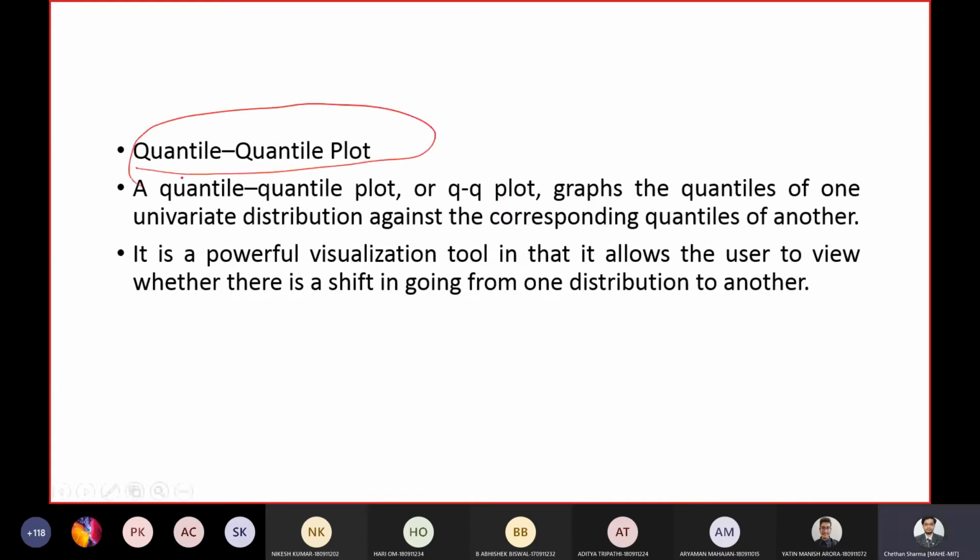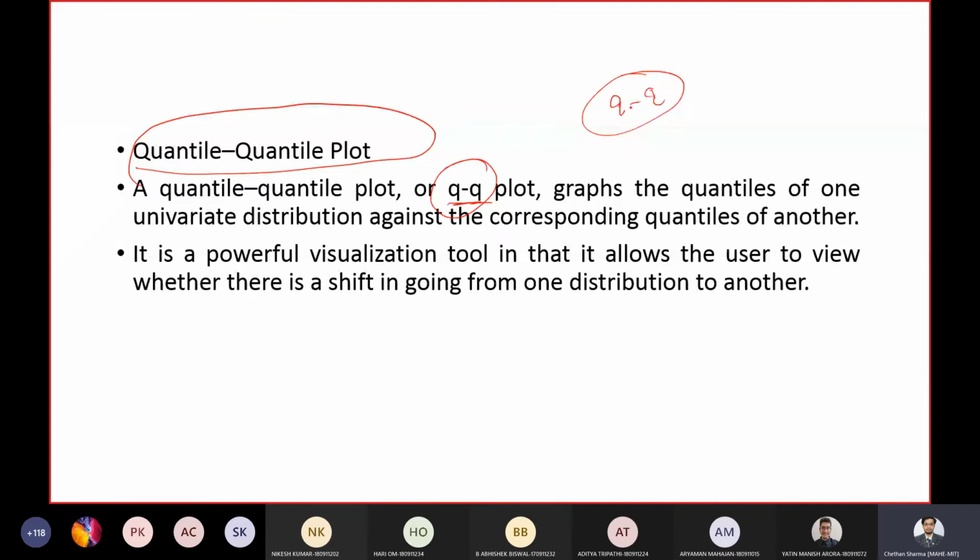Okay. The next method which we will be studying is the quantile-quantile plot. Here you can also label it as QQ plot. So quantile-quantile and QQ mean the same.